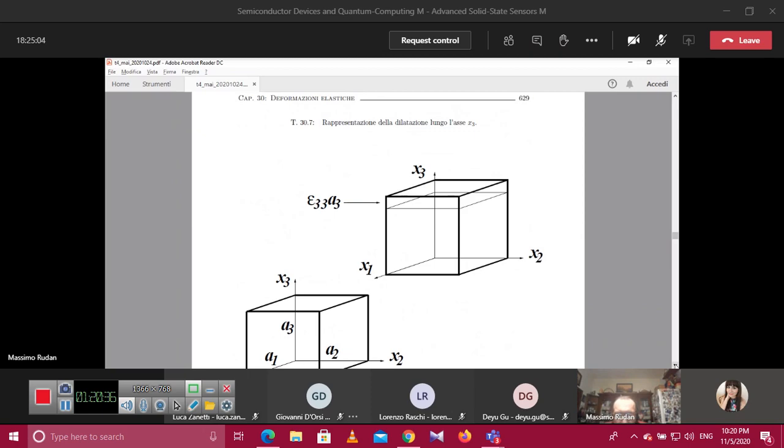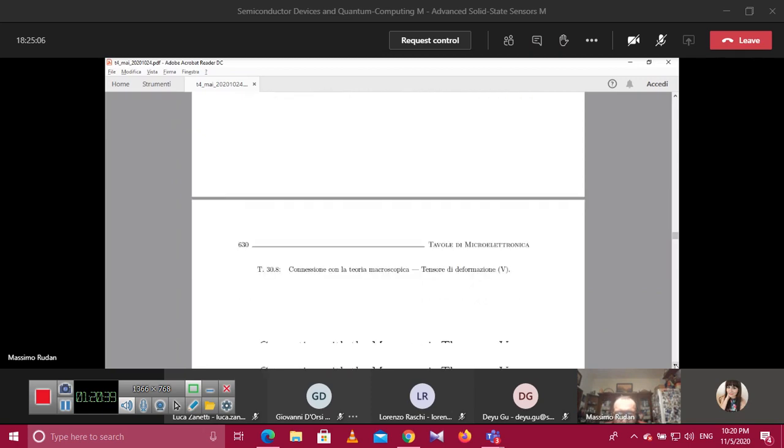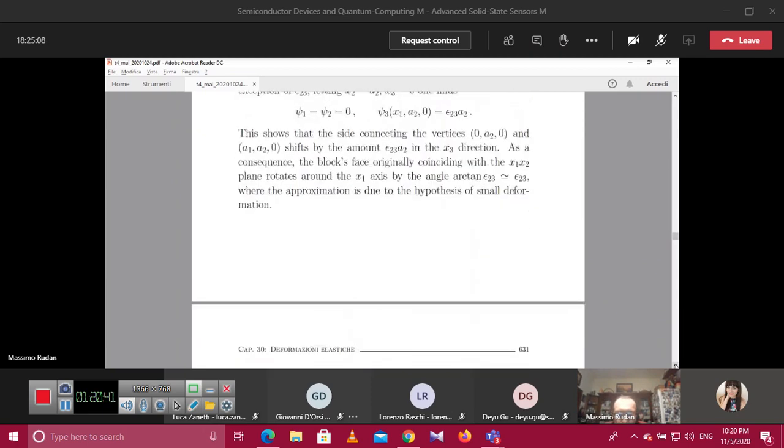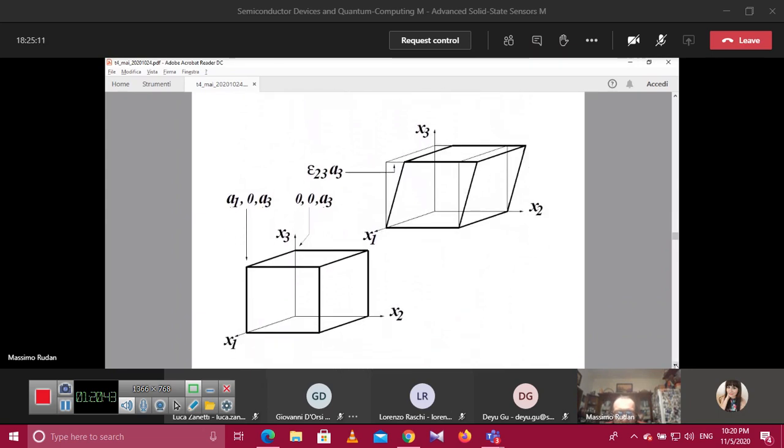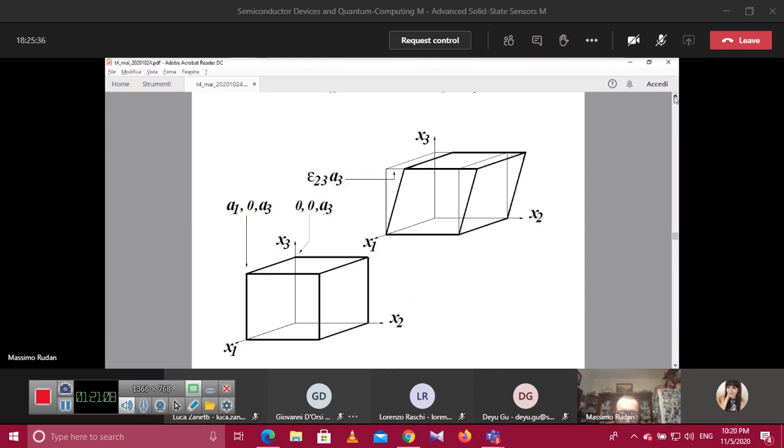In this case, the type of deformation is due to the fact that we have a force that is horizontal on the upper face and shifts the upper face to the right, whereas the lower face stays where it is originally, okay? So this type of deformation is different from the other.